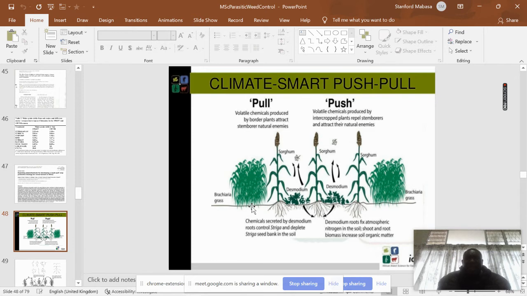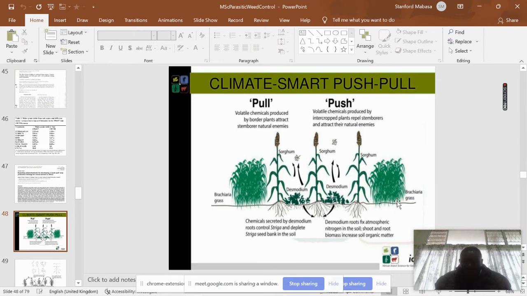This is a climate smart push-pull. Let me just explain what it means. Here we have got sorghum intercropped with the desmodium.